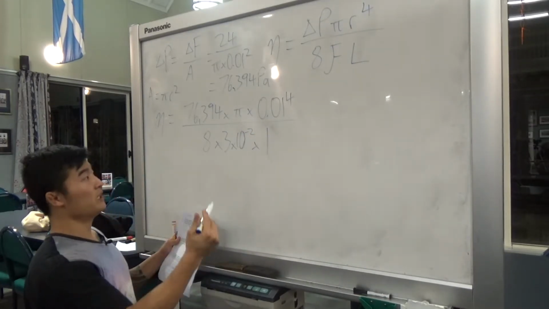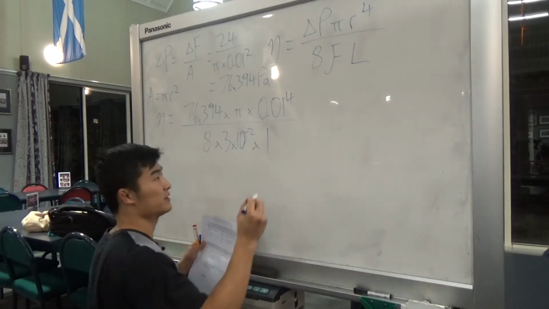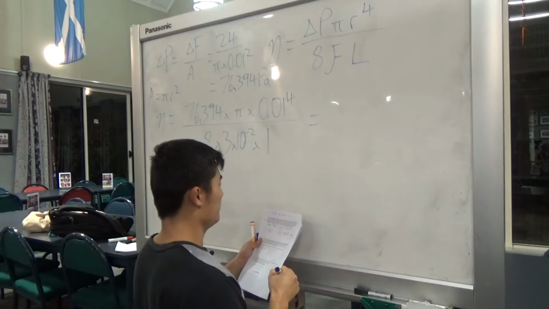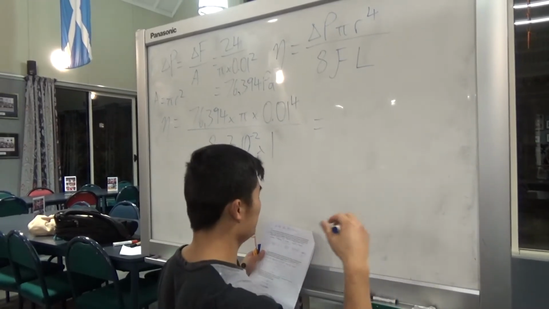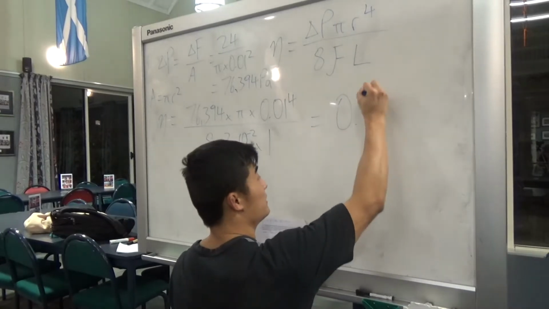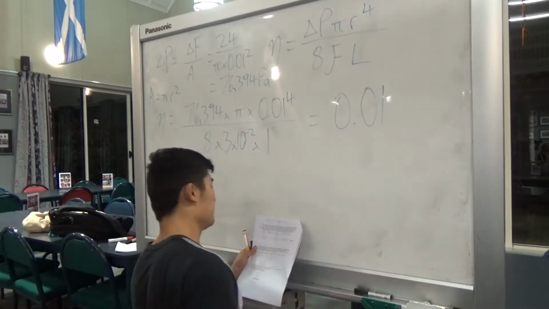You wouldn't have to put that 1 in there, because it's just 1. So that will give you 0.009999, which rounds to 0.01.